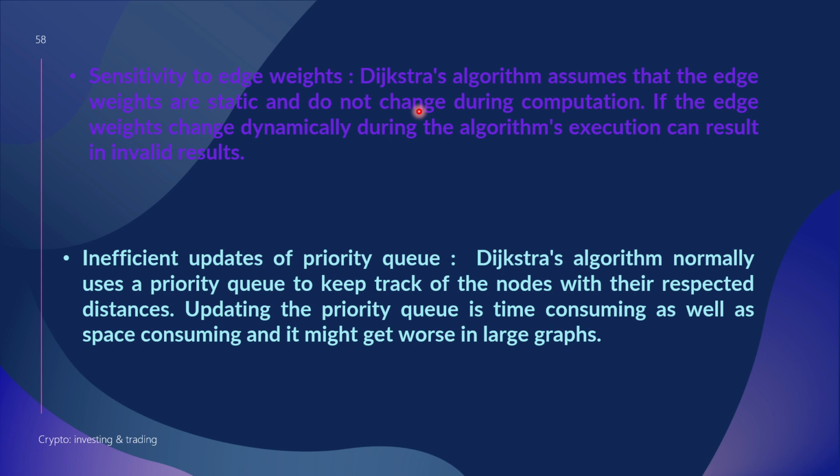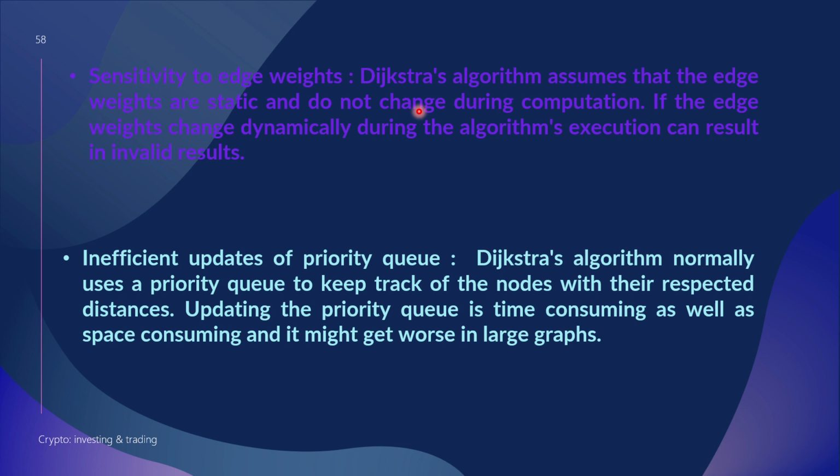Up next is inefficient updates of priority. Dijkstra's algorithm normally uses a priority queue to keep track of the nodes with their respective distances. And if you are a coder, you know about priority queues very well. But to give a short view of information, a priority queue is something that prioritizes certain things and certain values.